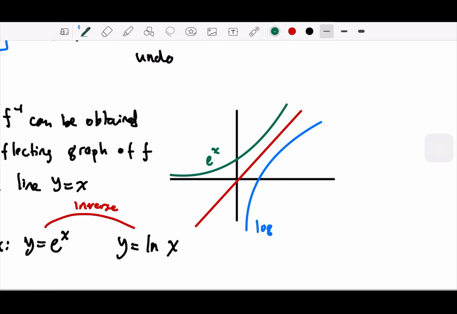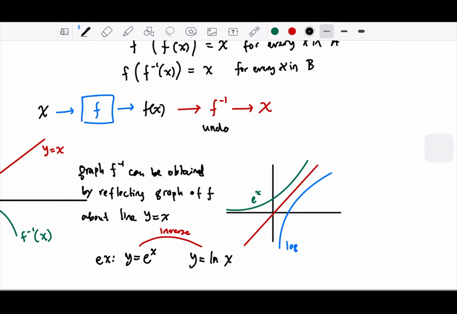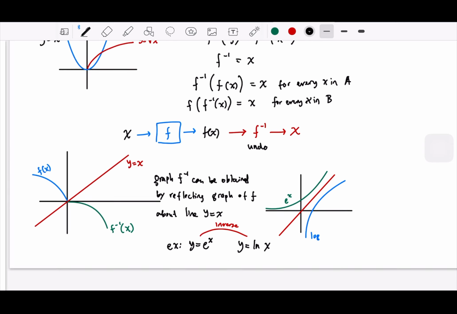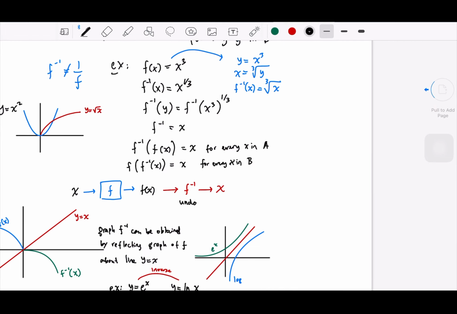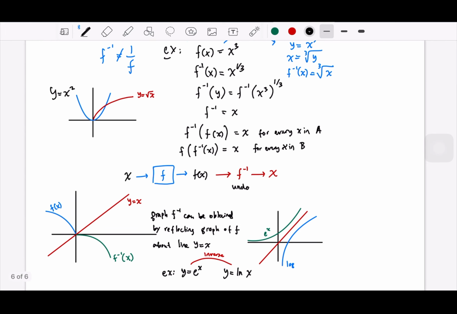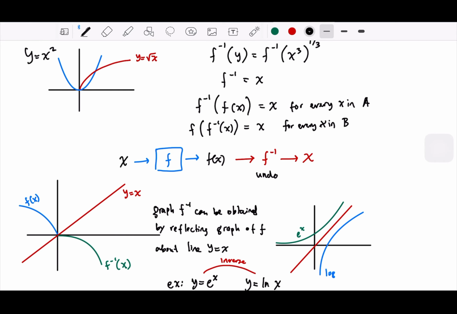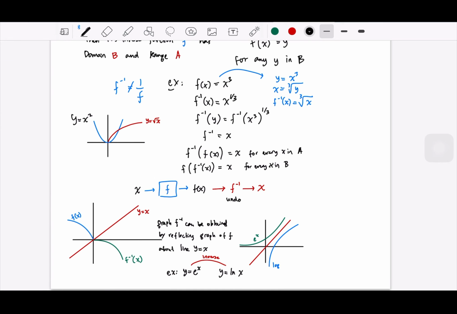Now we move on to chapter 2, the calculus one. Any questions from here? No, I think it's still okay, right? Because this is just a basic function.